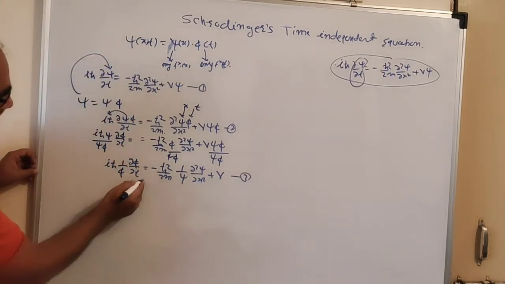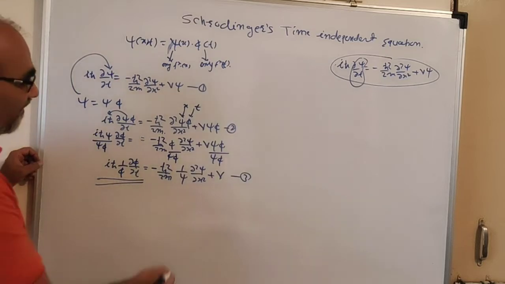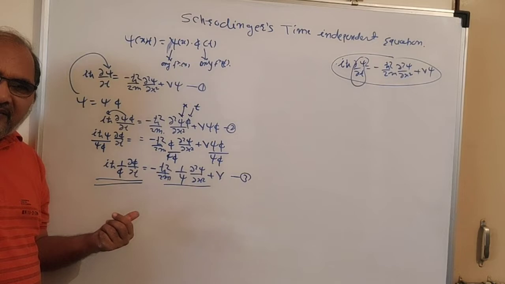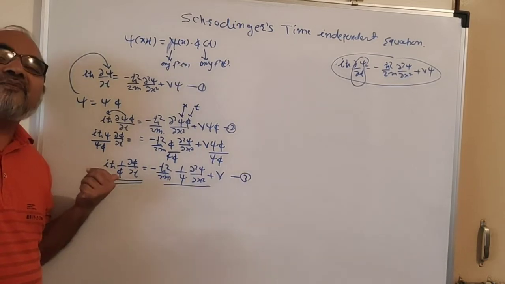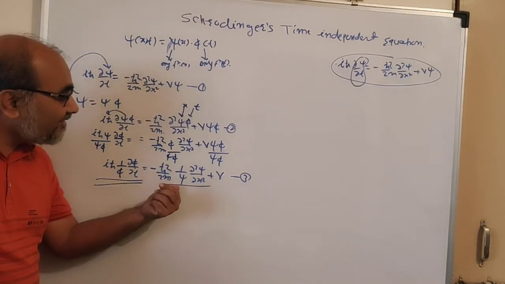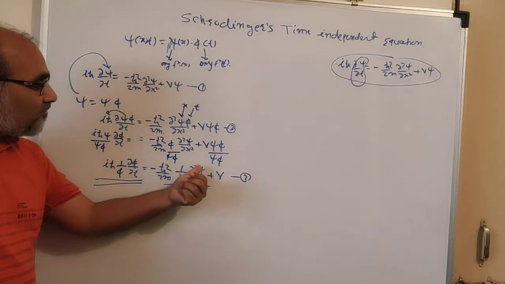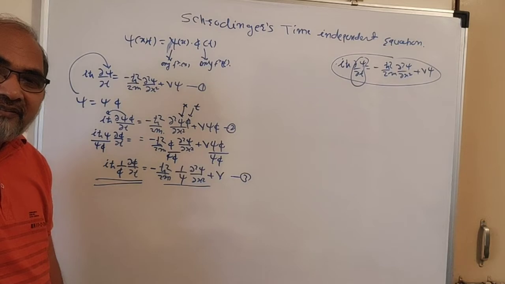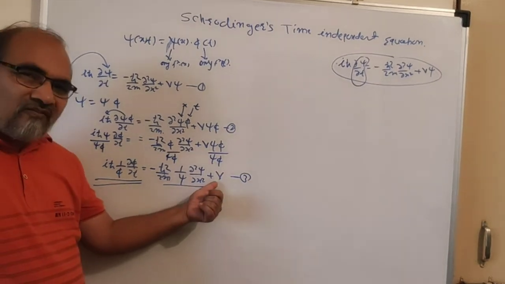So what is this? This is LHS and RHS. The LHS, iħ (1/φ) ∂φ/∂t, is only a function of t, whereas (1/ψ) ∂²ψ/∂x² is only a function of x. And what about V?